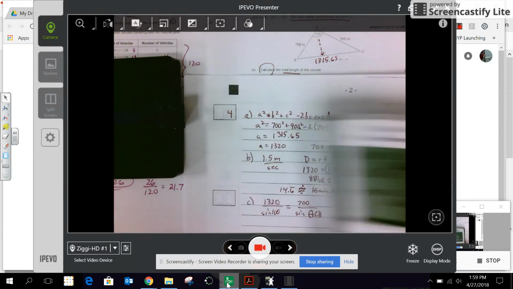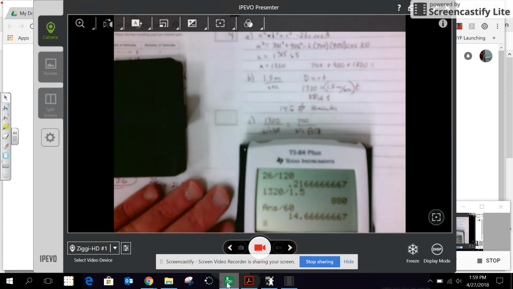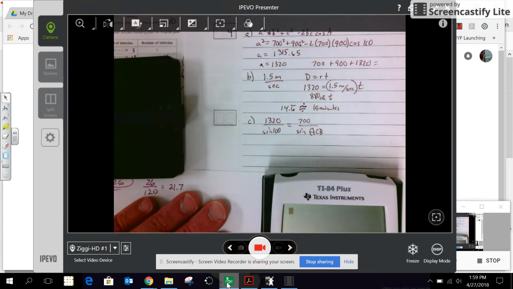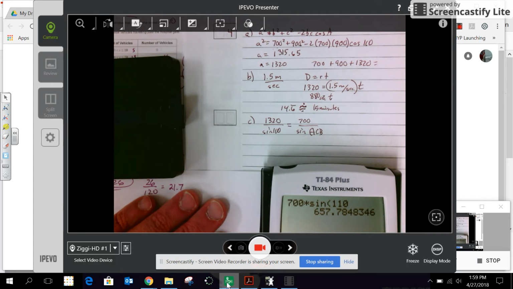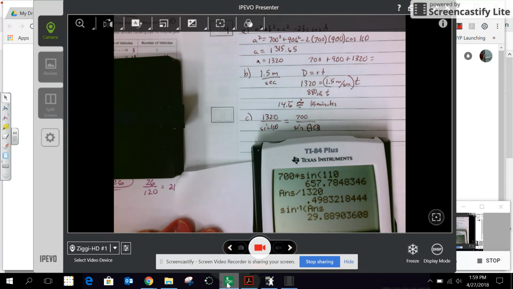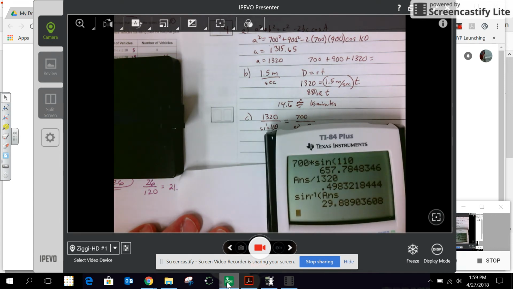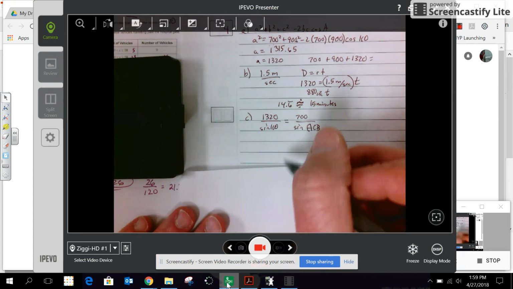To solve this, I'm going to cross multiply and take 700 times sine 110 divided by 1,320. Since I'm finding an angle, I do the inverse sine of my answer, 29.889.